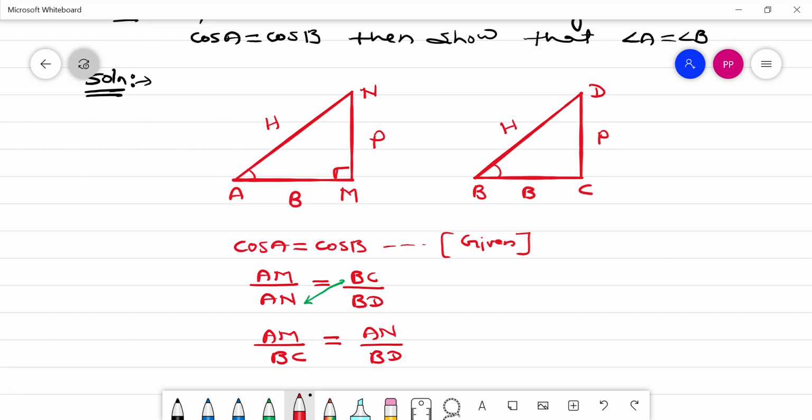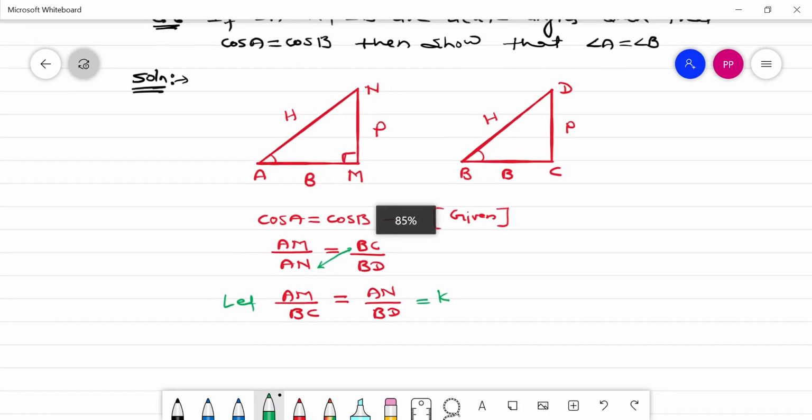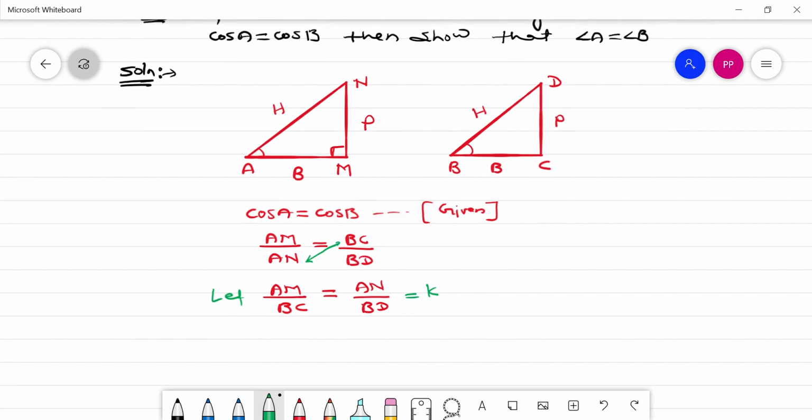Why? Because AM is a part of triangle AMN, and BC becomes part of triangle BCD. So since these two ratios are equal, let us assume that this ratio is equal to K. Now each ratio is equal to K, so here we can get value of AM.